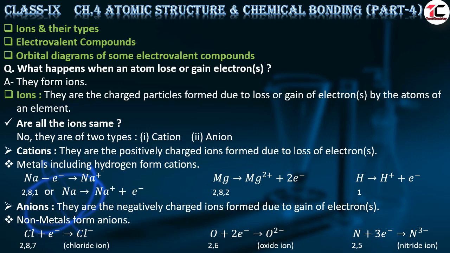Similarly, oxygen, its electronic configuration is 2,6, so it needs 2 electrons. It gains 2 electrons and forms oxide ion. For nitrogen, its electronic configuration is 2,5, so it needs 3 electrons and forms the nitride ion.